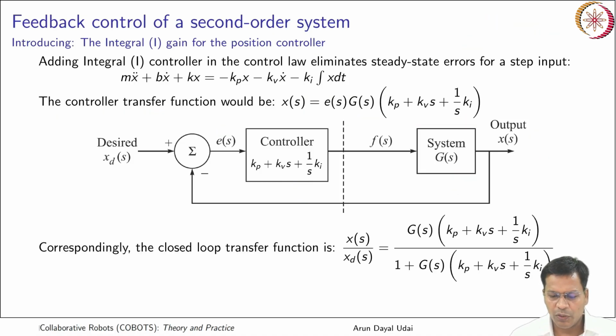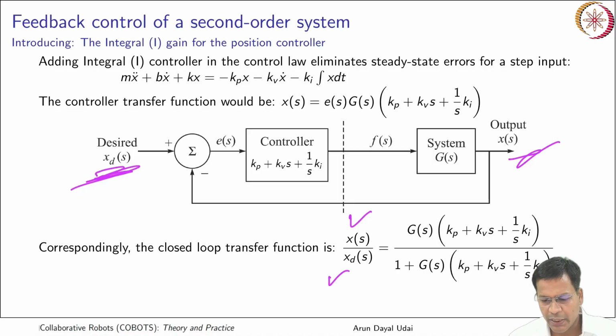Now if I put them all together and relate them again, output by input should be X(s) by Xd(s). In the numerator you should see the product of this and this, so G(s) into this, divided by 1 plus the same value that goes here.